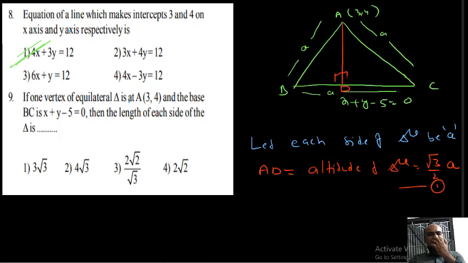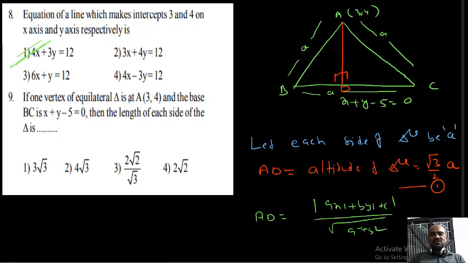AD means, in other words, the distance from the point A (3, 4) to the line x plus y minus 5 equal to 0. By using the distance formula, directly I can find AD equal to mod of ax1 plus by1 plus c, by root over a square plus b square.